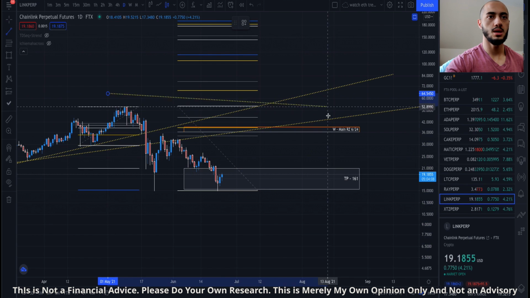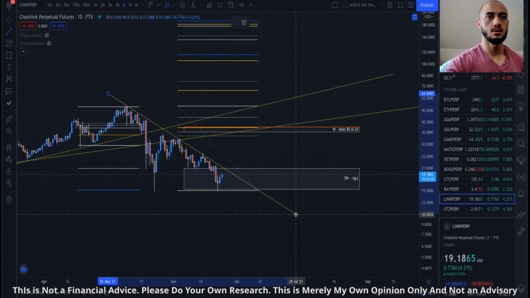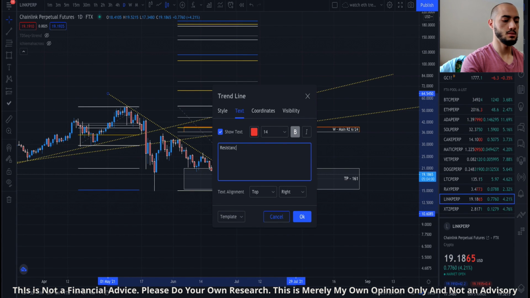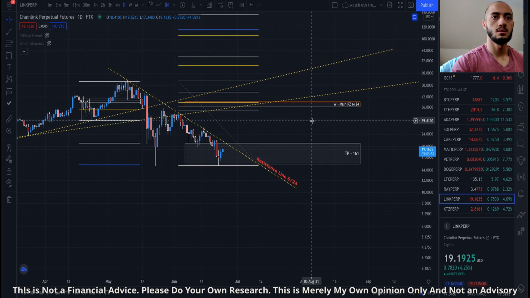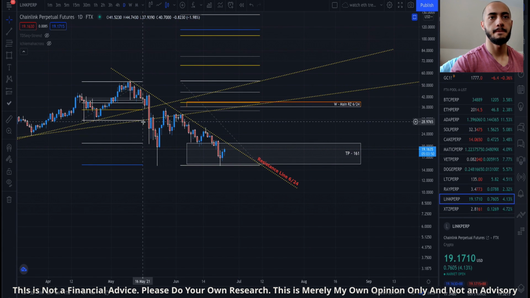You can see a resistance line right there.